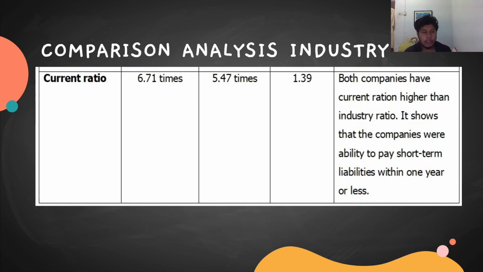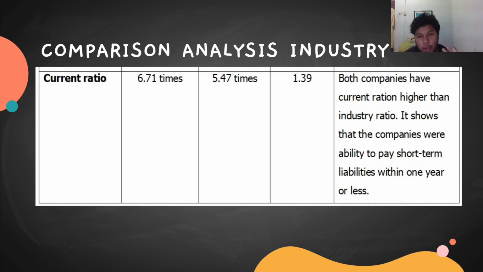And the last one is the current ratio. It indicates the ability of the company to pay its short-term debts or liabilities, within one year or less. The industry ratio is 1.39, and both companies have a higher ratio compared to the industry ratio, but this time also Ajinomoto has a slightly higher ratio compared to Ashafa Corporation.